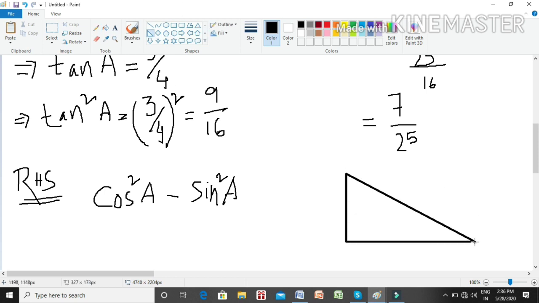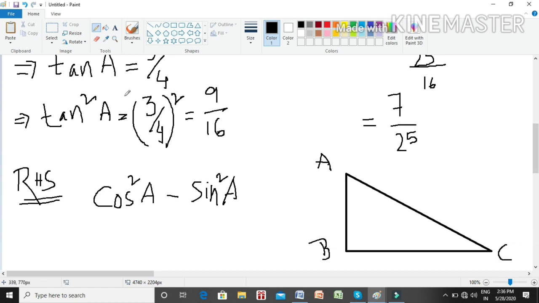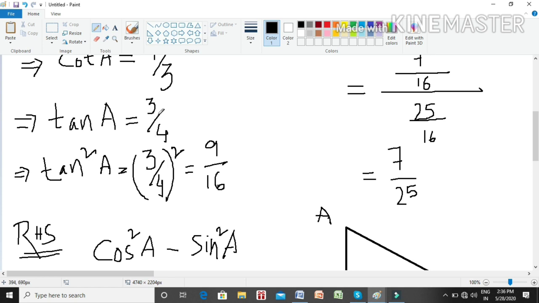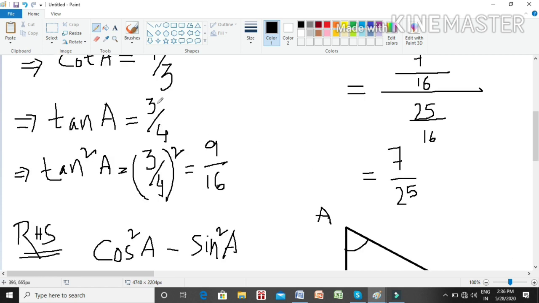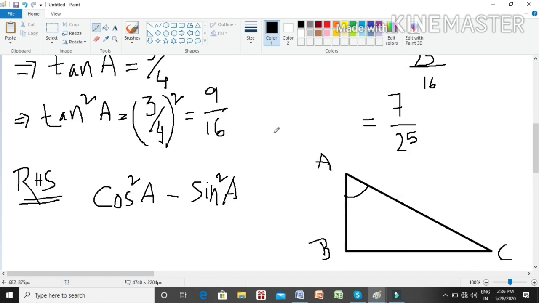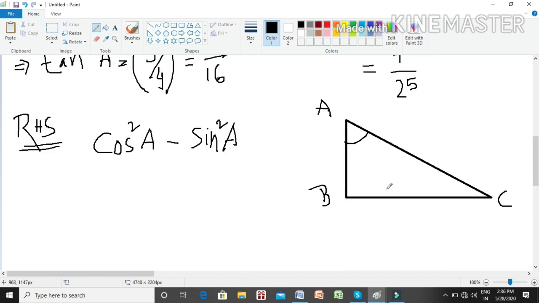So let us draw the right angle triangle in order to find this out. This is our right angle triangle. Let us say this is A, this is B, and this is C. If tan A is 3 by 4, we are targeting this. Tan A means perpendicular by base, so the perpendicular will be 3K. I have done this so many times, so I am just doing it directly. If you don't know how this is coming, please go and see the last few videos that I have made.